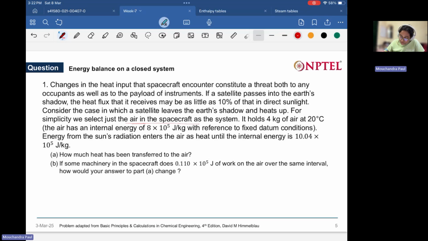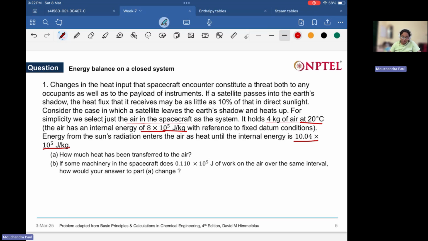The spacecraft holds around 4 kg of air at 20 degrees Celsius. The air has an internal energy of 8 into 10 to the power 5 joule per kg with reference to fixed datum conditions. And energy from the sun's radiation enters the air as heat until the internal energy is 10.05 into 10 to the power 5 joule per kg.